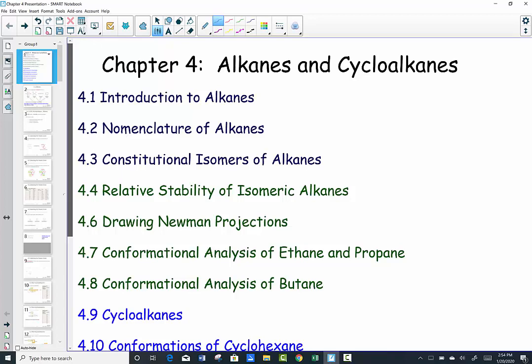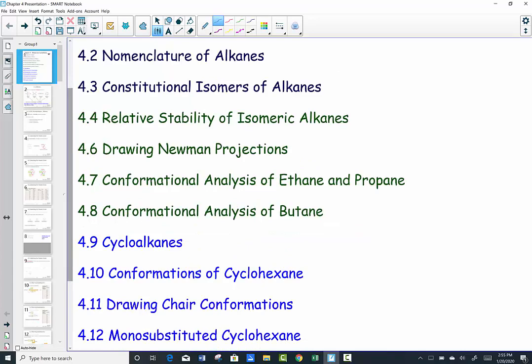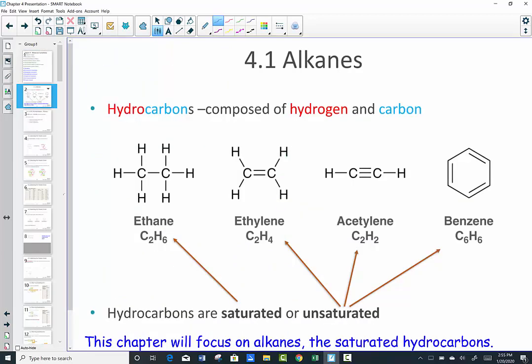So as we said, our chapter will be devoted specifically to what we refer to as saturated hydrocarbons. The hydrocarbons, of course, are the heart of organic chemistry, composed of hydrogen and carbon. There are no heteroatoms. Remember that vocabulary word, heteroatoms. That represented any element found in an organic molecule other than carbon or hydrogen.